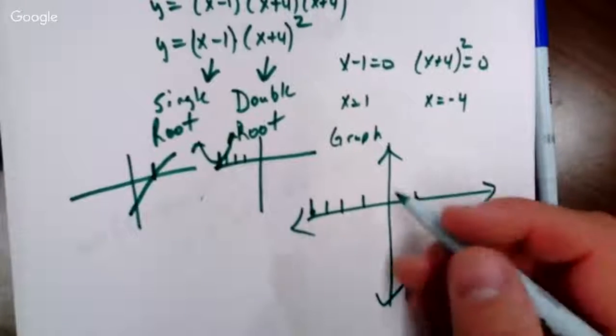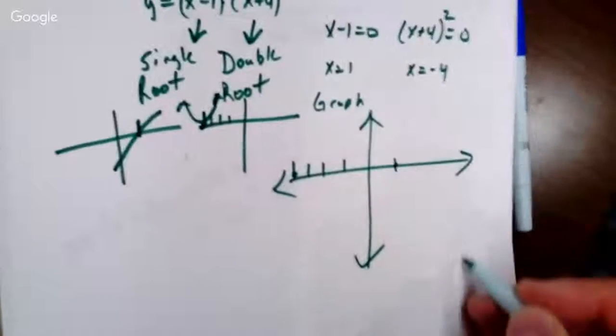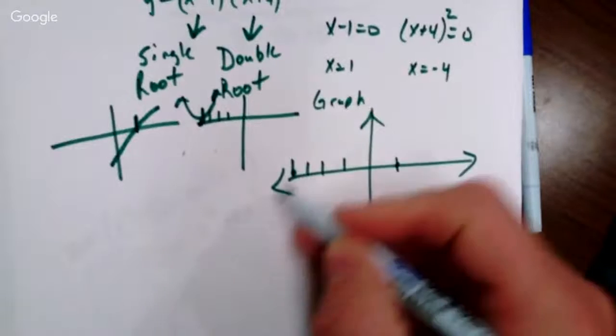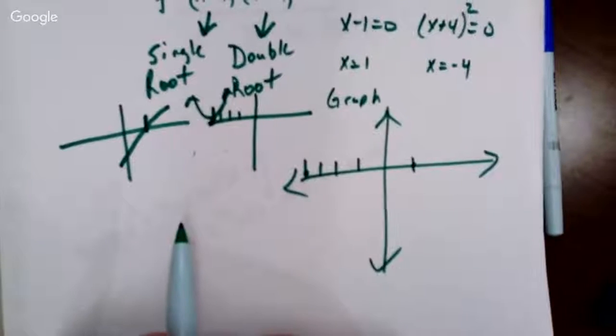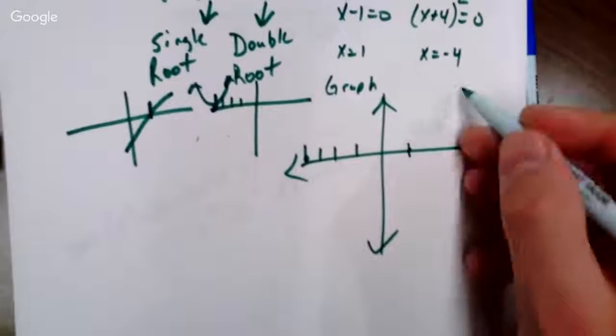We can find the y-intercept by plugging 0 into our original equation, but we don't need to look at that right now. Okay, now what's it going to look like? Is it going to go like this or like this?